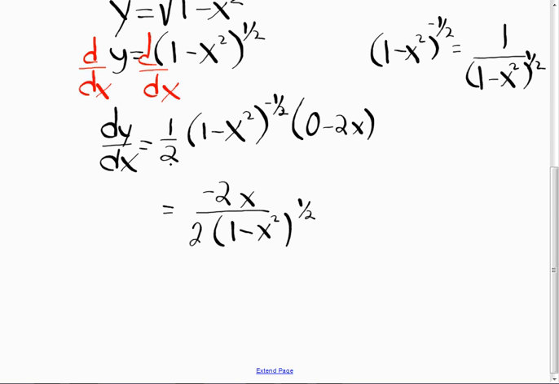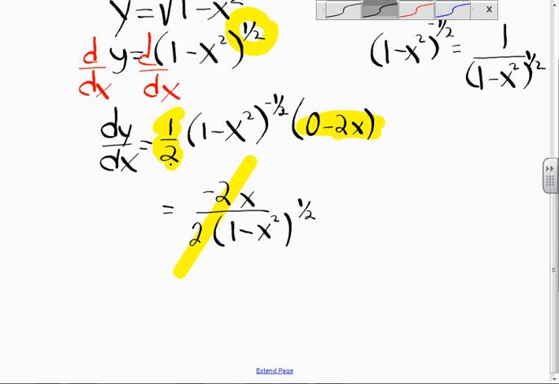I just went 0 minus 2x is minus 2x. Because this is all multiplication, order doesn't matter. I put this one over that one. What's going to happen to the 2's? Cancels out, right? Because it's from this 1/2. It's 1/2 times this to the negative 1/2.